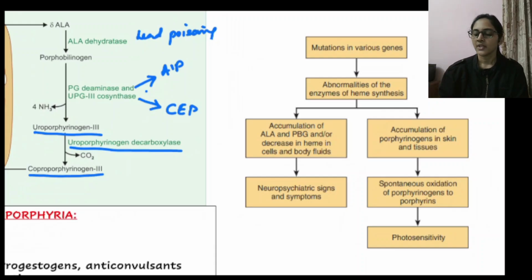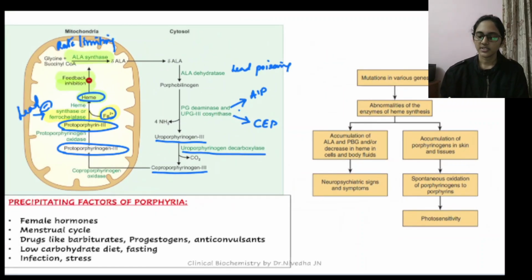Only these two. So the abnormalities of heme enzymes in this pathway: suppose this PBG deaminase is defective, what happens? Porphobilinogen and ALA get accumulated, and our manifestations are mainly due to the accumulation of the precursors. It is not because I do not have uroporphyrinogen 3 that my symptoms appear, is it not?